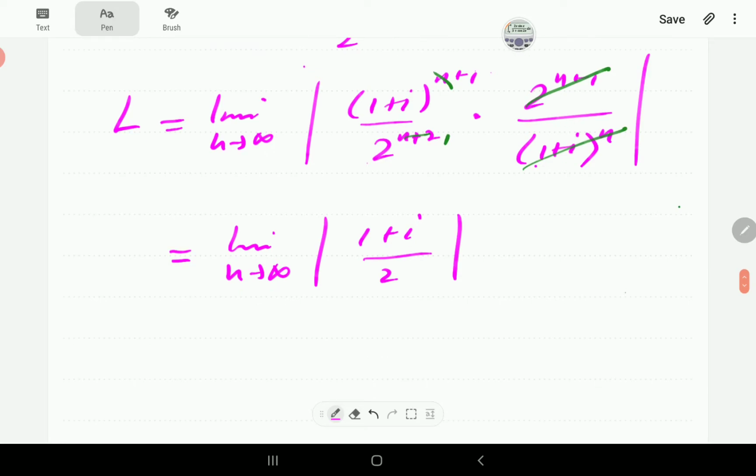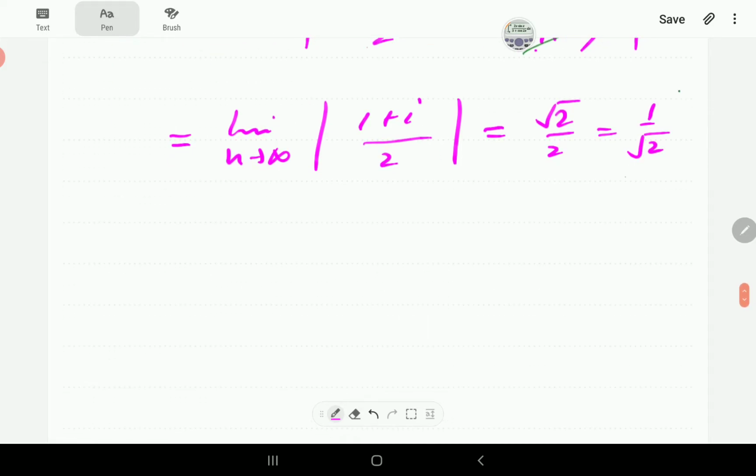Now notice that this is now independent of n, so that means this limit, or L, is just going to be the magnitude of this. The magnitude of 1 plus i is root 2. So this thing is 1 over root 2.